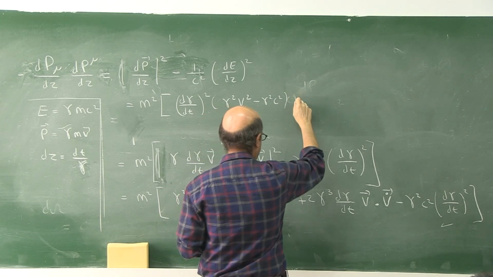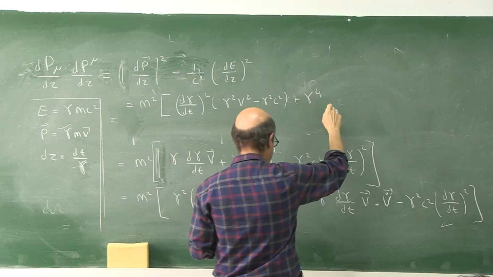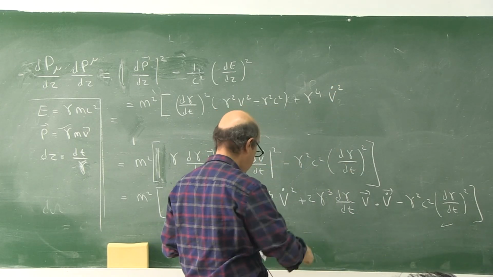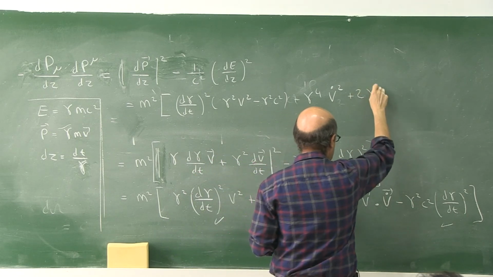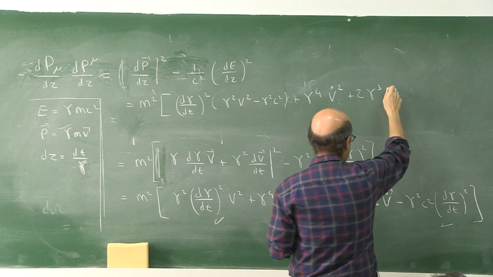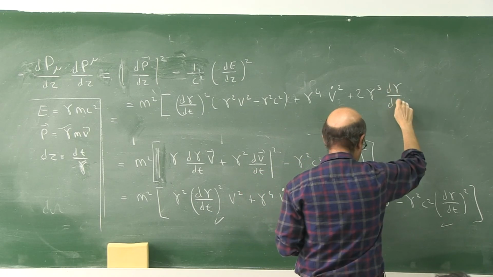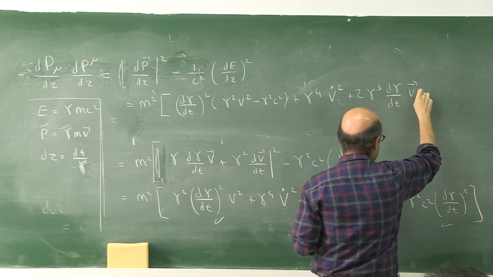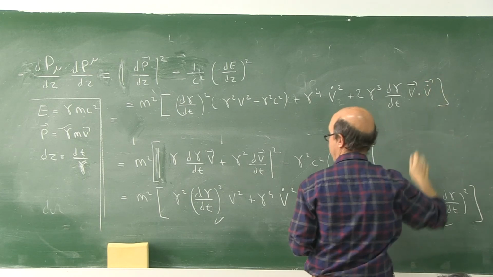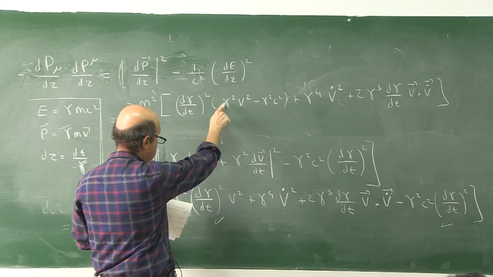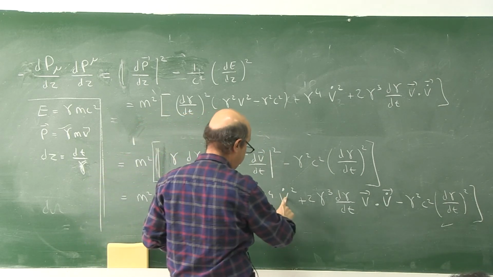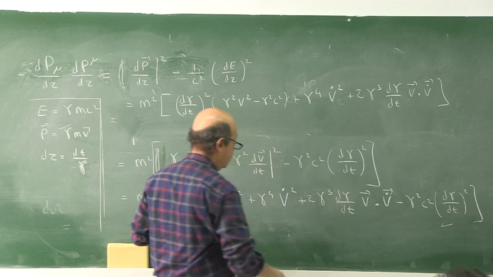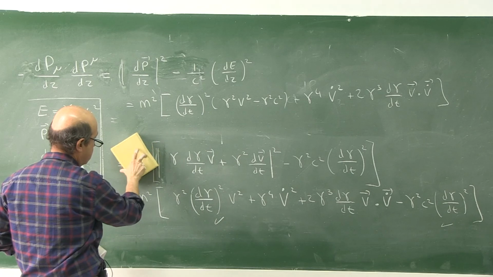Gamma to the 4 v dot squared, and left over plus 2 gamma cubed d gamma over dt v dot. So this piece there, the other piece there, gamma to the 4 v dot squared is there, plus 2 gamma cubed d gamma over dt v dot is there. Okay. So let us continue.